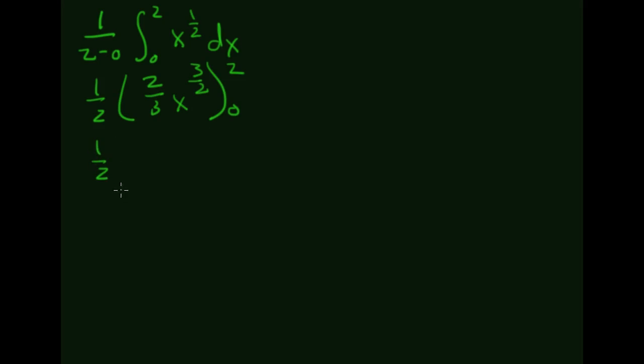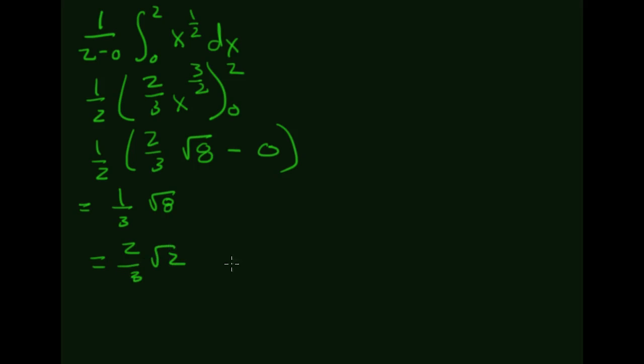So that's a half, and that's going to be 2/3 times the square root of 8, right, minus 0. So that's 1/3 times the square root of 8. The square root of 8 is 2 radical 2, so that's going to be 2 radical 2 over 3, which is letter C. So there's 2.